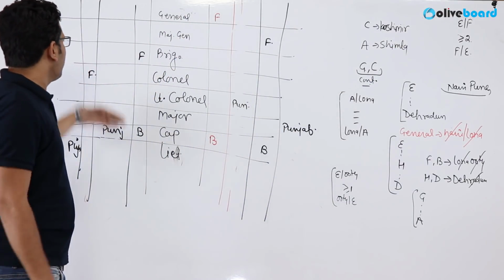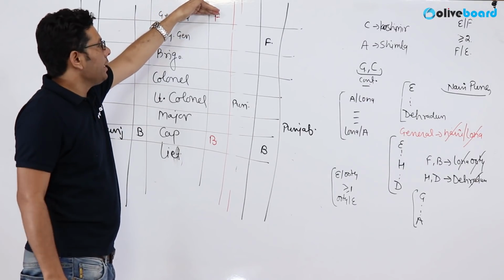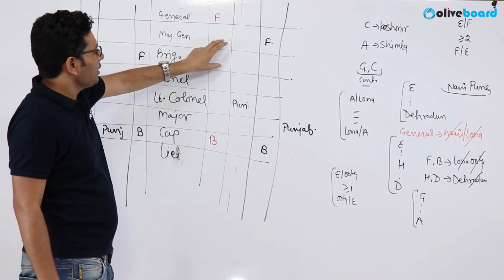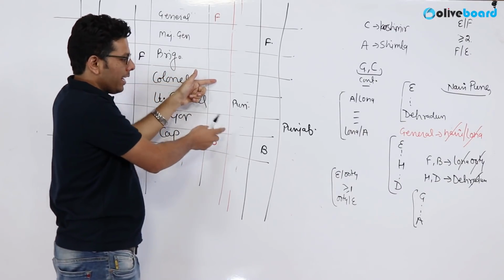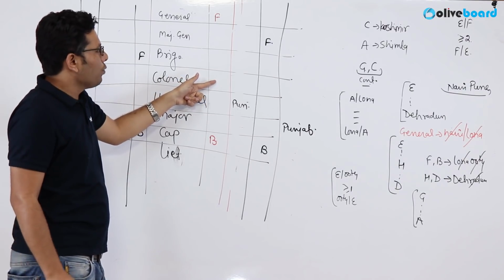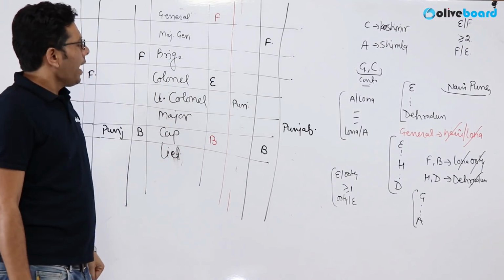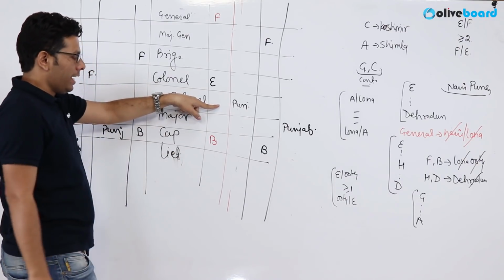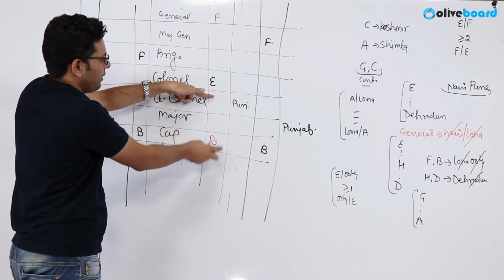So if I take this data accordingly, there are more than 2 persons between E and F, or at least 2 persons. So with 2 persons, this would be my E, and E is above 3 places. I can put H and D easily as well as Dehradun easily. So my E and F may be here. And one more case: if I take E here, then again there would be my 3 places here.